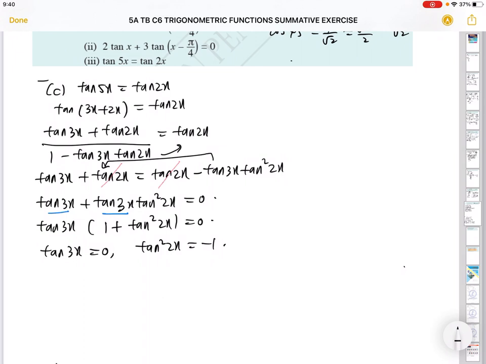Now, as you know, tangent is 0. Where is tangent 0? If you can use a graph, at 0, pi, 2 pi, and so on. Now you go back to the original question. The domain given, x is between 0 to 2 pi. So 3x will be between 0 to 6 pi, right?